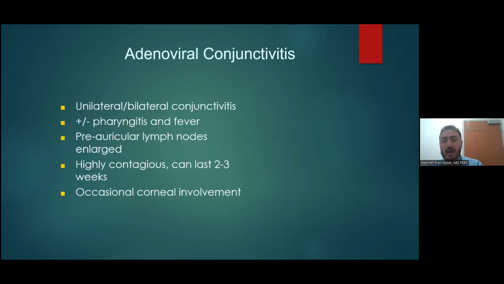So adenovirus is the one that I want you all to take home from today's exam. It can cause very severe conjunctivitis. I'm going to show you a lot of pictures, but it can be unilateral, it can be bilateral. It can start as unilateral and jump to the other eye after a couple of days to weeks. It can cause pharyngitis and fever.